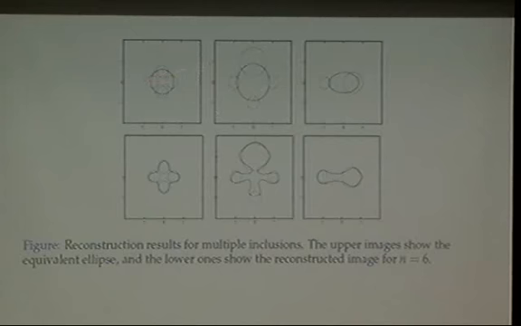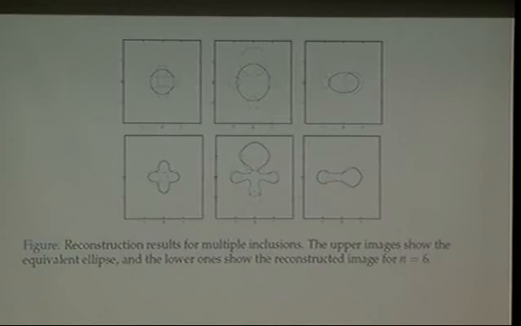Since our approach assumed that D is simply connected, it couldn't be separated. But you will see that the boundary of the reconstructed one matches well with the original one. So maybe we can study more to separate these inclusions. That's my future plan.